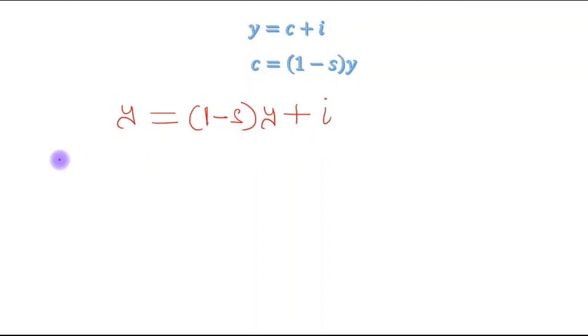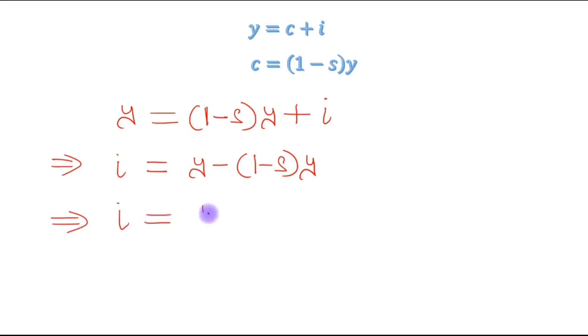In the next step we can write i is equal to y minus (1 minus s)y. Next step, i equals y minus y plus sy. The y terms cancel out, and the final equation is i is equal to sy.